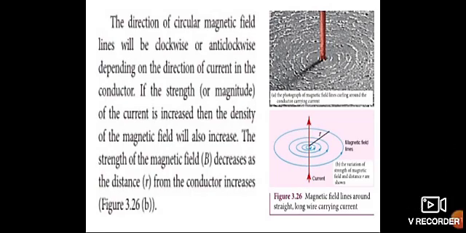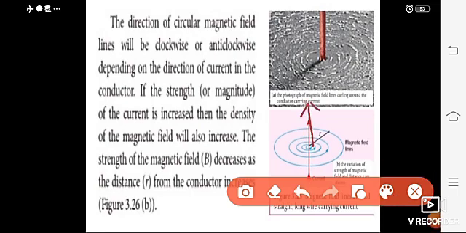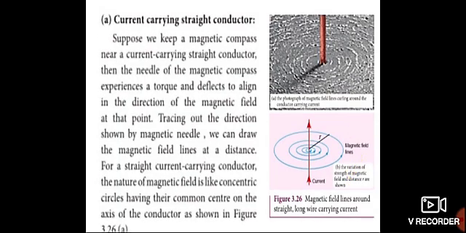Students, you can see in this diagram the current is passing through the wire in the upward direction, so the magnetic lines are in the anti-clockwise direction. Suppose the direction of the current is changed and it passes in the downward direction, then the magnetic lines are in the clockwise direction.